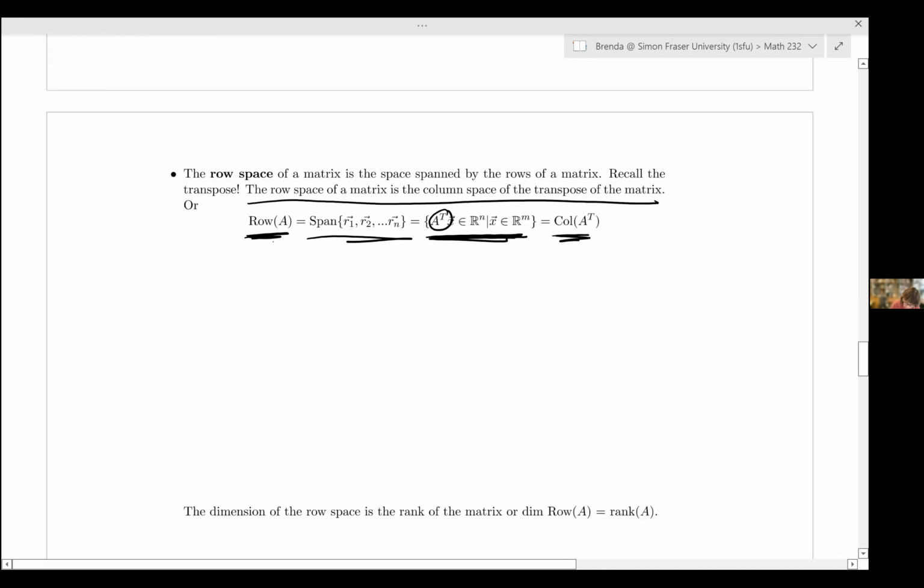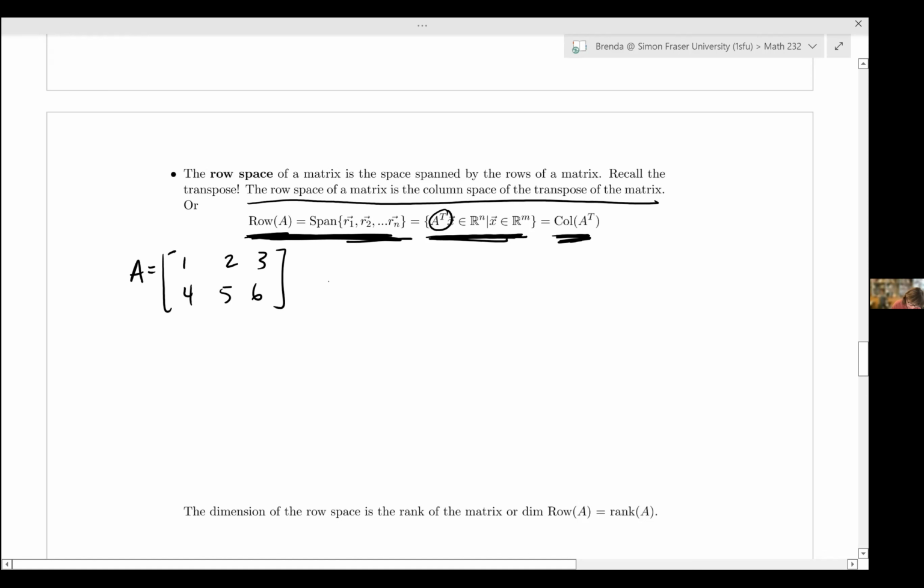So this statement here is telling you the row space is all linear combinations of the rows, and that we can calculate that by calculating the column space of the transpose. So here we've got A equal to 1, 2, 3, as an example, 4, 5, 6.